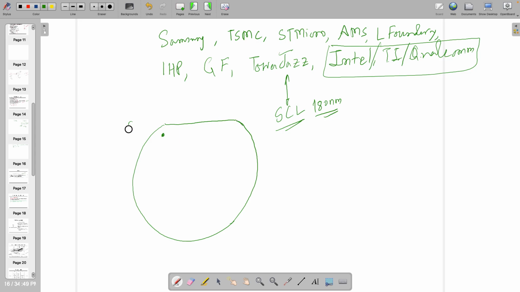If you are purchasing, let's say, 6-inch, this value depends on the technology first of all. If it is 180 nanometer, it's very old, like 20-year-old technology, then this must be costing something like 2 to 3 crores. If it is a smaller technology node, I do not have numbers.